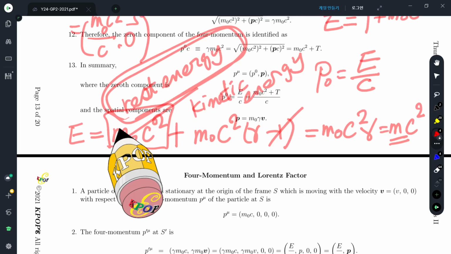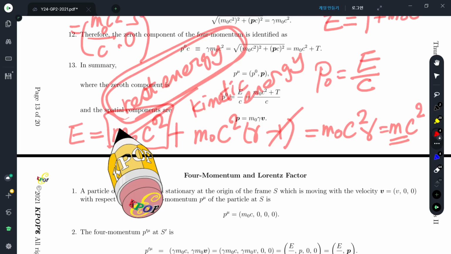And in reality, heavy particles decay to lighter particles, and the amount of lost energy is transferred to the kinetic energy of the daughter particles.